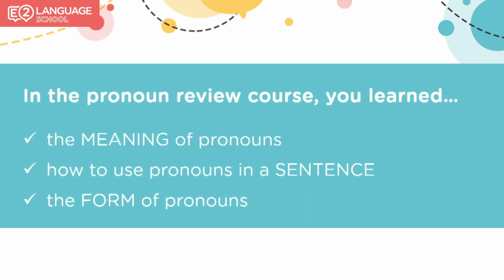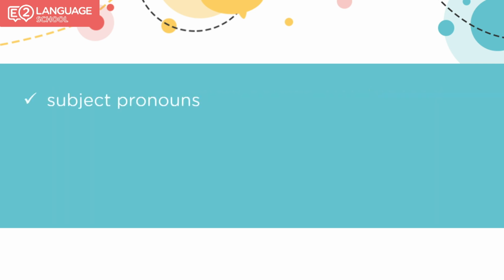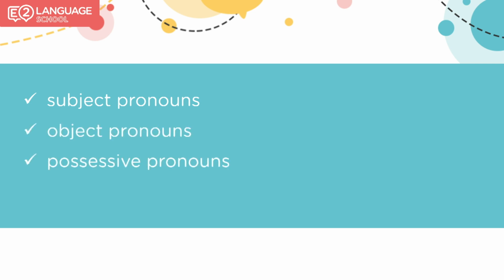So, in the pronoun review course, you have learnt the meaning of pronouns, how to use pronouns in a sentence, and the form of pronouns. And as I mentioned, we looked at 4 types of pronouns: subject pronouns, object pronouns, possessive pronouns, and indefinite pronouns.